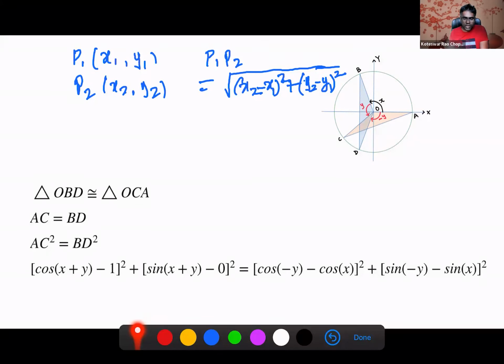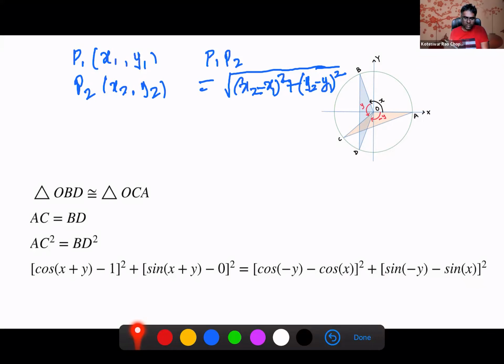And now go to the other two points, B and D. The x coordinate of D is given by cos of minus y. The x coordinate of B is given by cos x. So we are taking a difference and then squaring it. Similarly, the y coordinate of D is sine of minus y, and the y coordinate of B is sine of x.